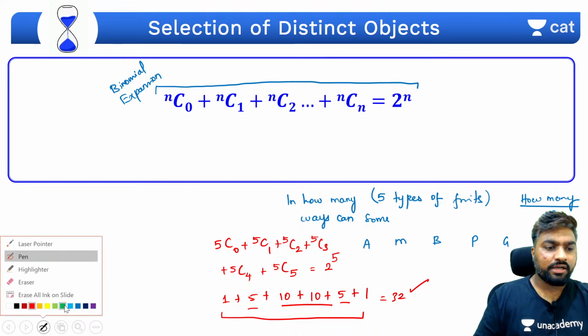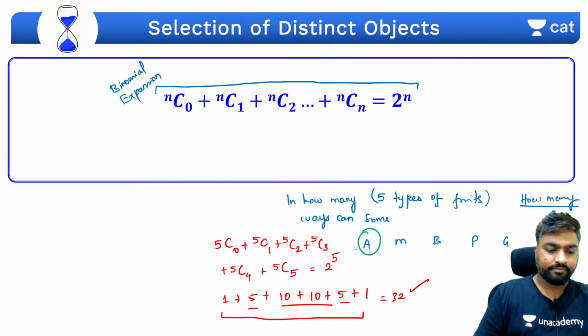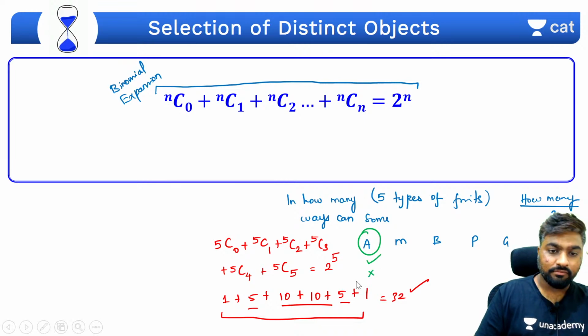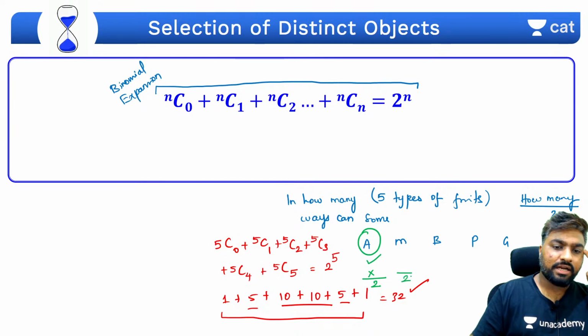An alternate way of looking at this would be what? If there is an apple, I can either select it or I can reject it, correct? That means there are two outcomes for apple. Same way for a mango there are two outcomes, for a banana there are two outcomes, for papaya there are two outcomes, for grapes there are two outcomes.